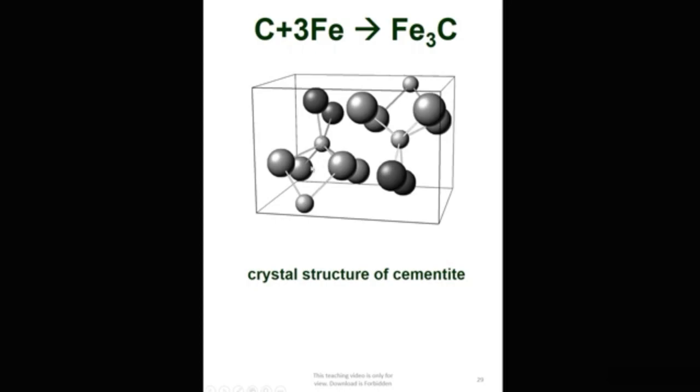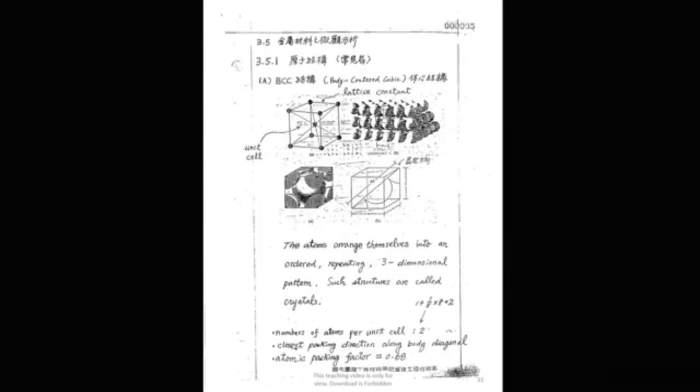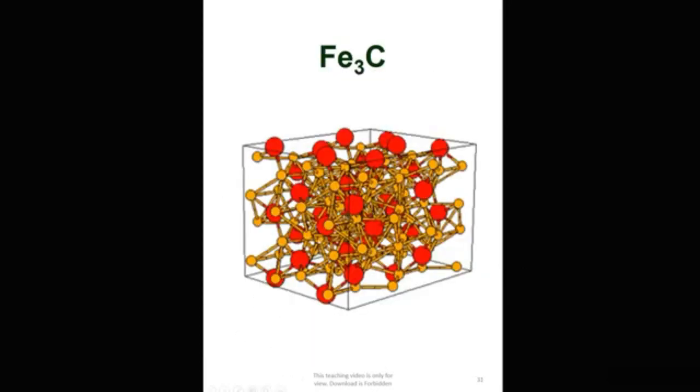So 2 compared with 6 is 1 to 3. So you can see 1 carbon and 3 iron, so 2 carbon and 6 iron. And this is the unit of Fe3C. So we can say this is the crystal structure of this type. Actually, you can also look at it like this. It's a very complicated atom structure of Fe3C. You may look at it in our slide.